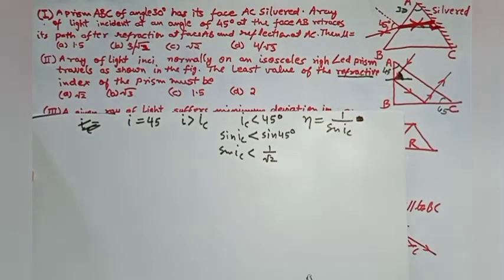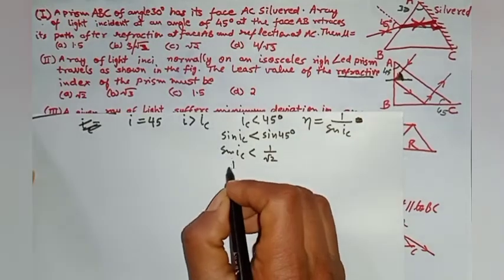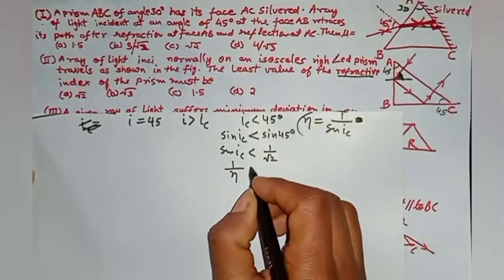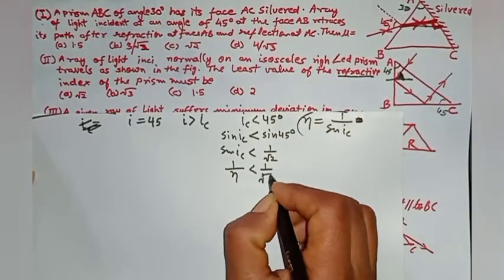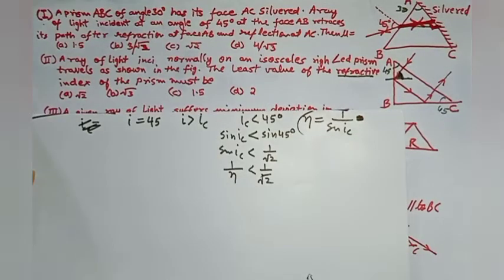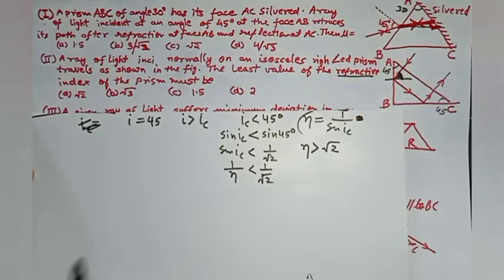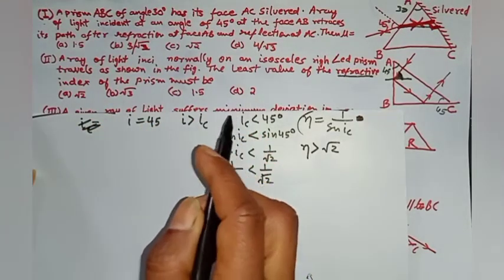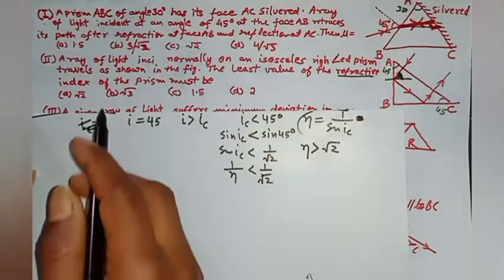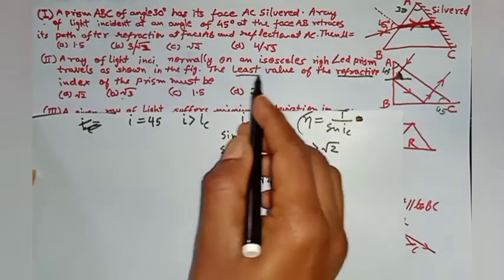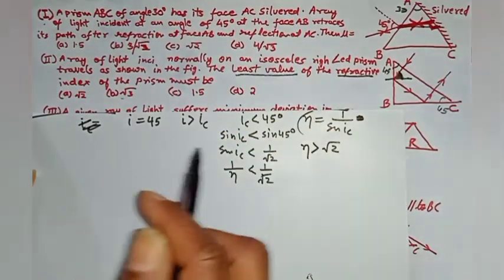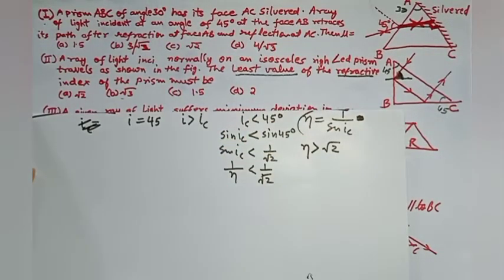It means 1 by eta from here must be less than 1 by root 2. It means eta must be greater than root 2. Now all of these values are greater than root 2, so all of them are answers, but they have asked for the least value of refractive index. So just greater than this value, you can find on your own.